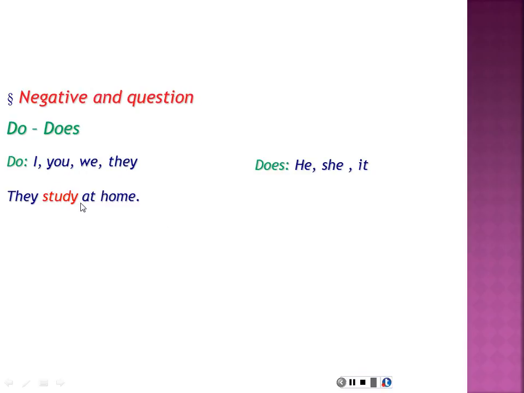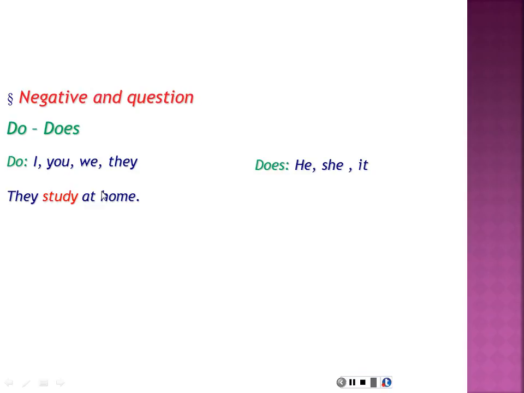They study at home. As you can see, this is a regular verb, but you might ask, where is do? Why didn't we use do? Here there is a difference between the two cases. When we have the verb is, it is a different case from this one.